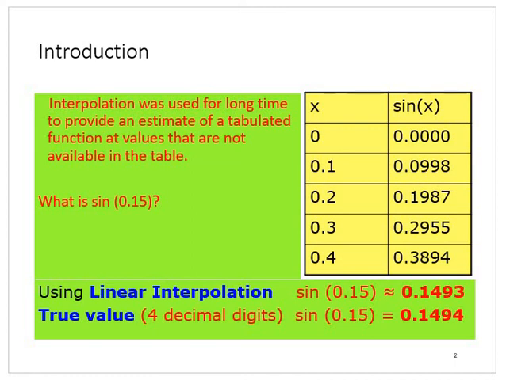For example, if you look at the table on your right, you will see that for values of x, you have got 0, 0.1, 0.2, 0.3, 0.4, and their respective sine of x values, or corresponding values.